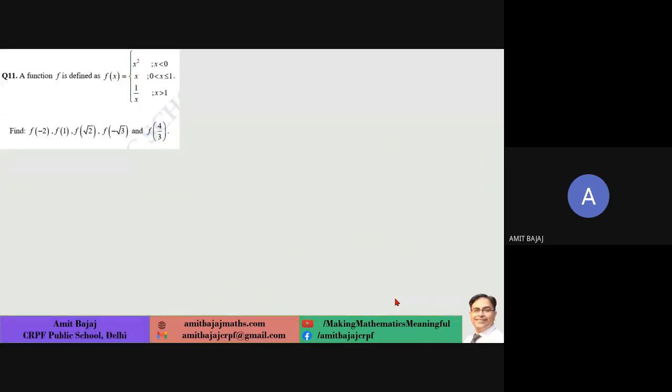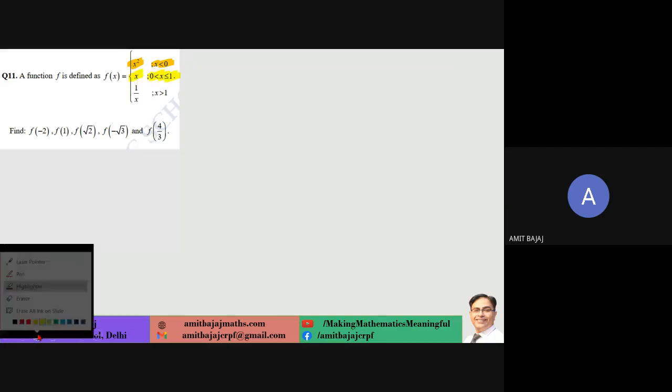Okay, coming back, check this out. A very similar question to the last one. You are given a definition of a function, just changed a little in the way it is defined. Whenever x is negative, the answer is x square. Whenever x is between 0 and 1, the answer is just x.